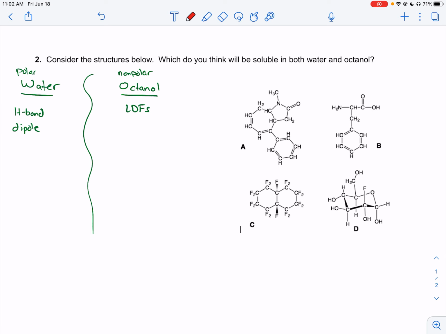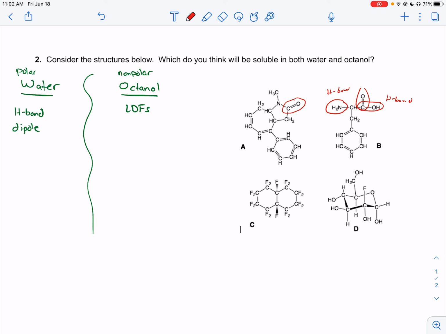If we look at structure A, we do see one polar group here, there's a ketone there, but that's it. In structure B, here's an OH, here's a ketone, and here's an NH2, so we can hydrogen bond here and here.